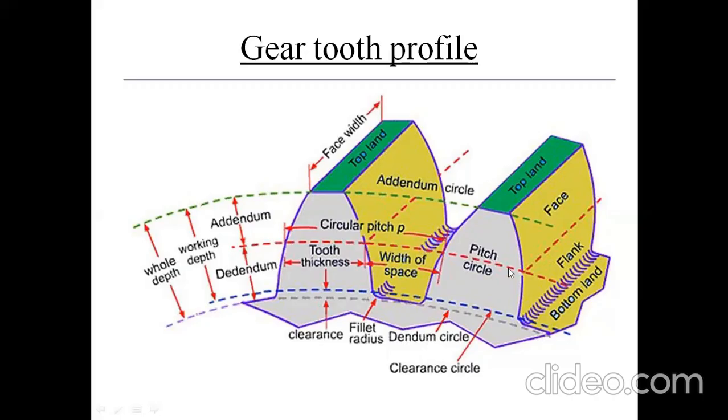Pitch circle is the circle on the gear teeth, so it is not a straight distance, it is a circular distance. This is the point on one tooth and the corresponding point on the immediately next tooth. This circular distance measured on the pitch circle is the circular pitch.